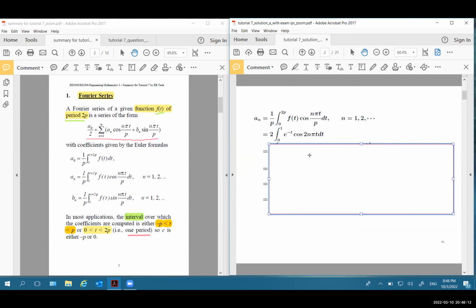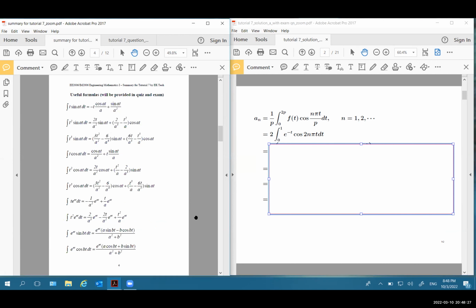Now to carry out this integration, we need to do integration by parts. Of course, that one is not so easy. So in our lecture notes we actually have some formulas, which are all obtained from integration by parts.